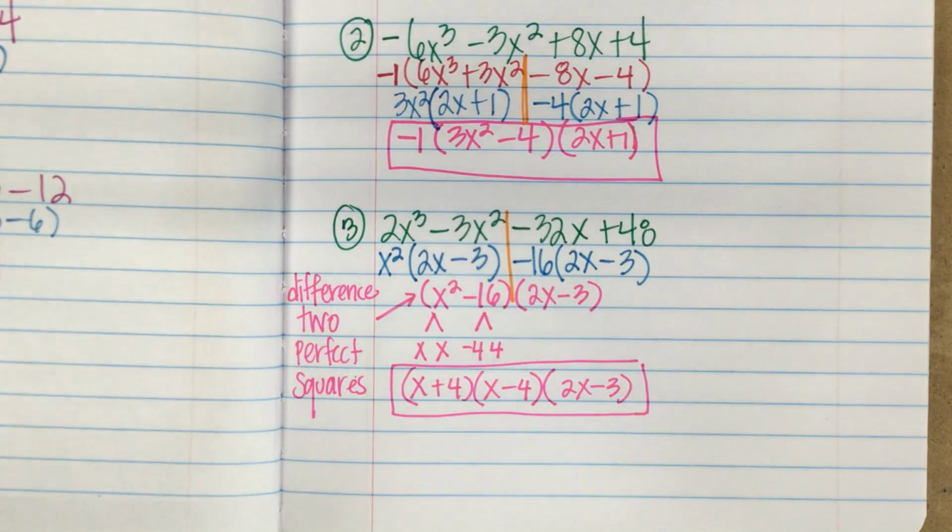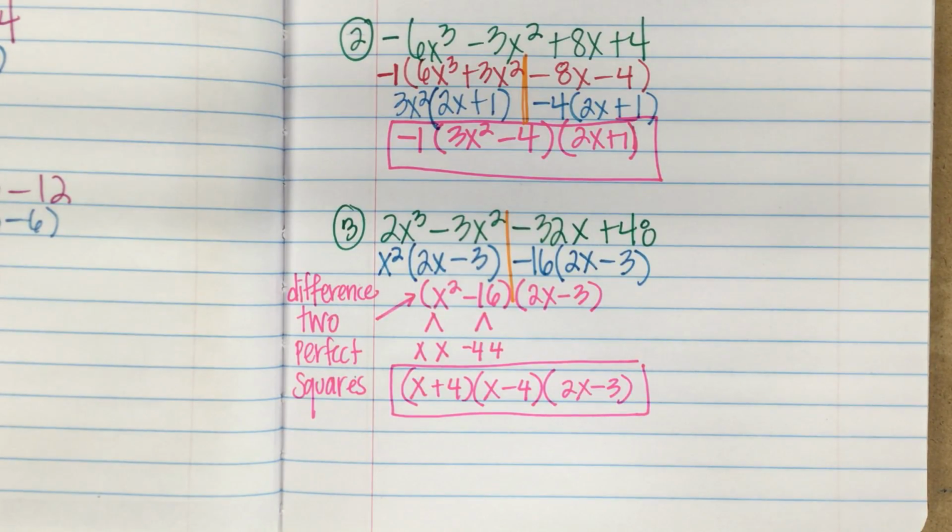So you have to start being on the lookout for the difference of 2 perfect squares. If it says x squared minus 9, you can factor that further, because 9 is perfect. If it said x squared minus 25, it could be factored further because 25 is perfect.